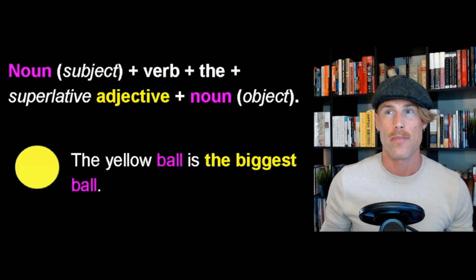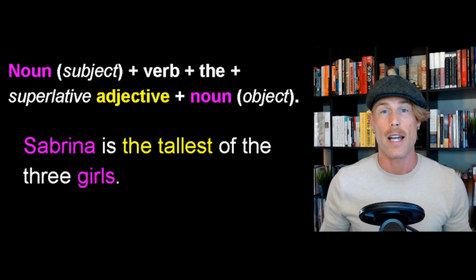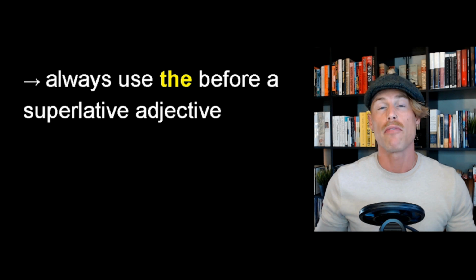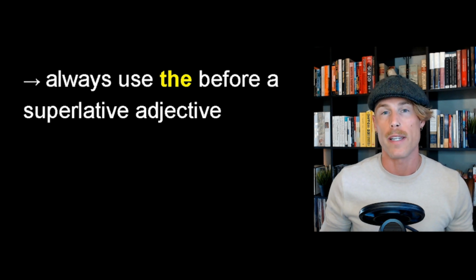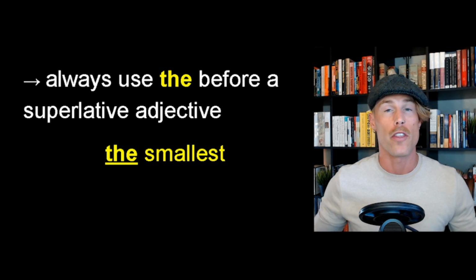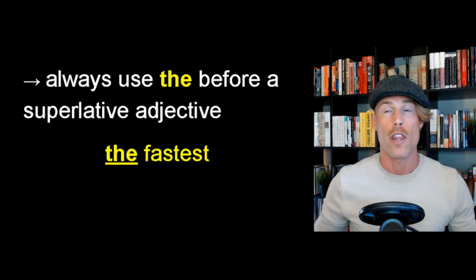Okay? The yellow ball is the biggest ball. Sabrina is the tallest of the three girls. Always use the before a superlative adjective. The tallest, the smallest, the fastest.